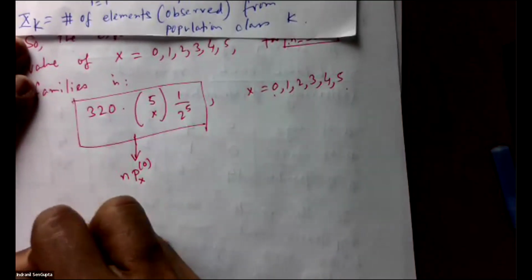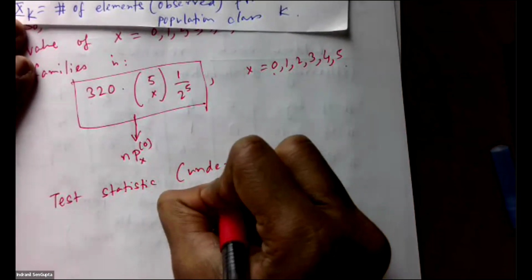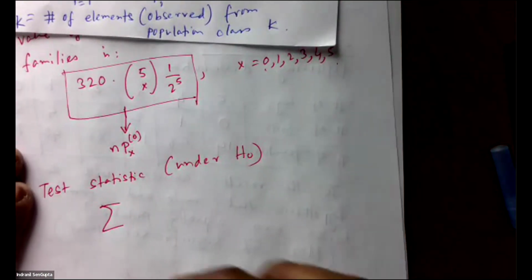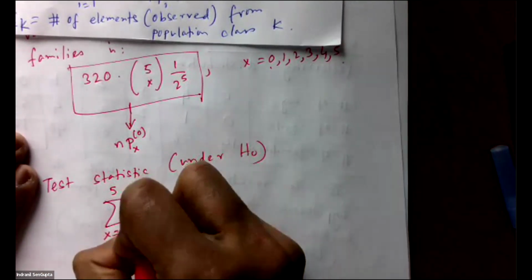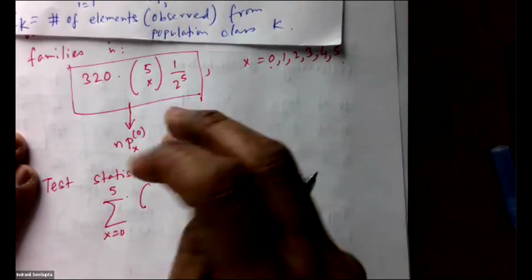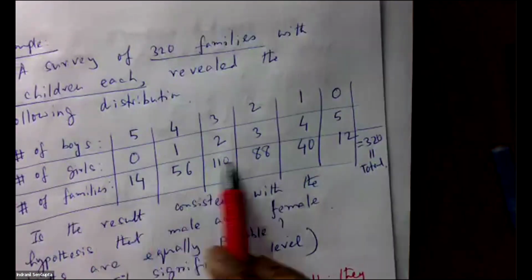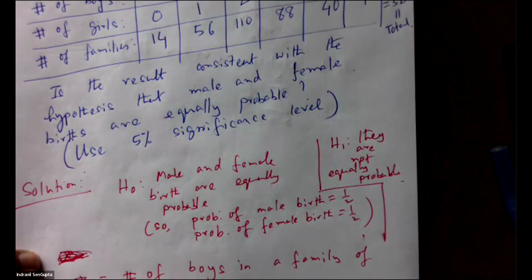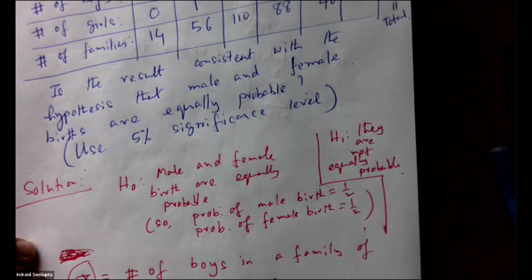Therefore, the test statistic under H0 is given by, we have X values between 0 and 5. So we have observed values. Those are the values that we denoted as these numbers. Okay. So let's write these observed values as X. So here X is observed values.